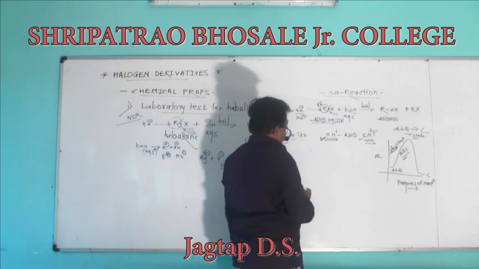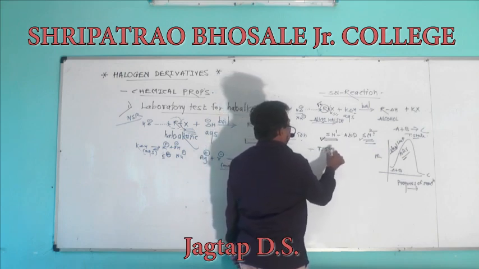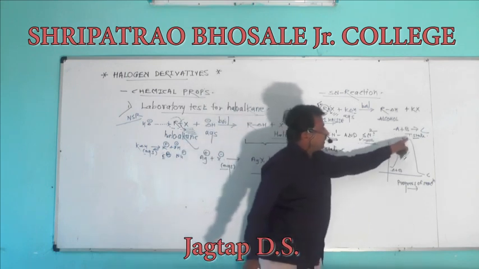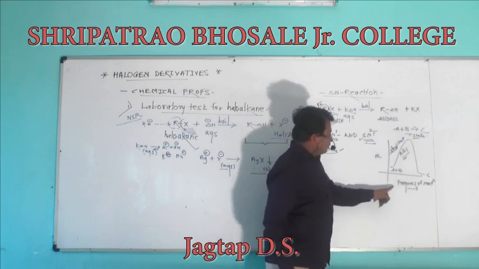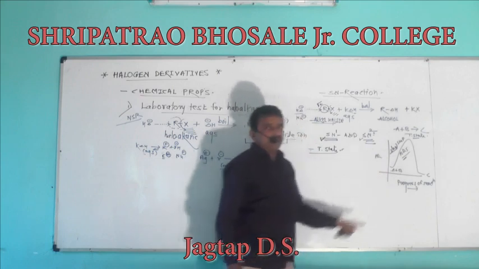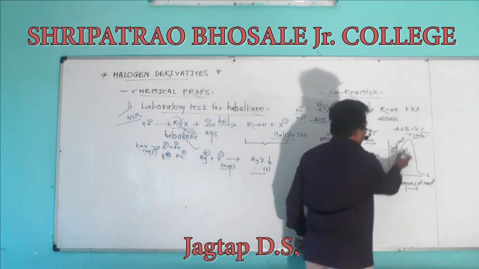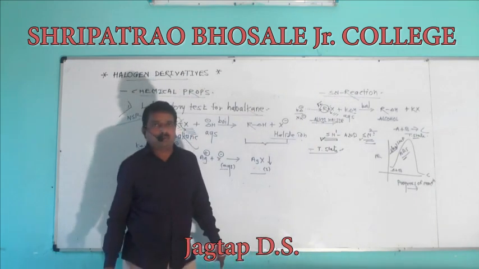Next point, transition state. The transition state is a high energy unstable state. If we plot the progress of reaction against potential energy in a chemical reaction, all reactants must pass through a transition state before they convert into product.